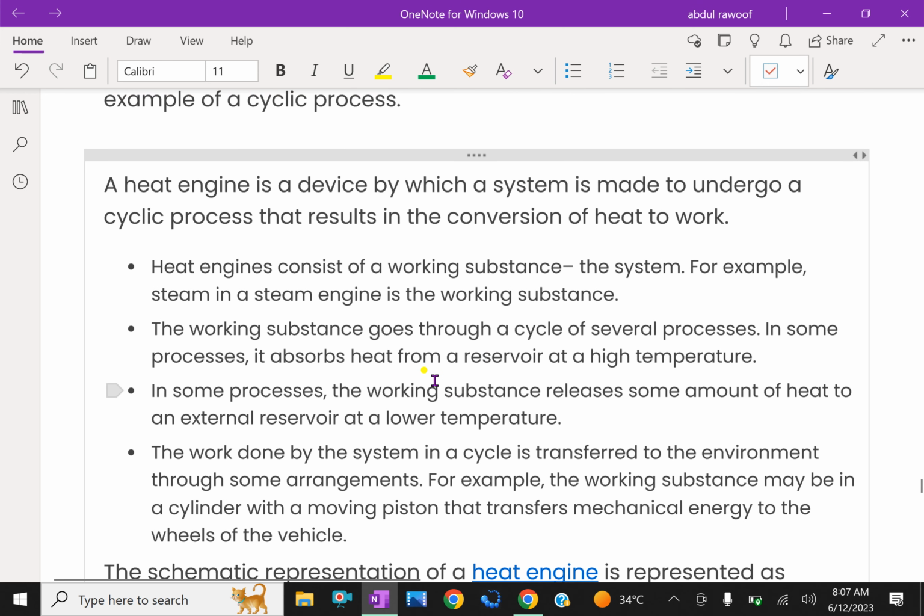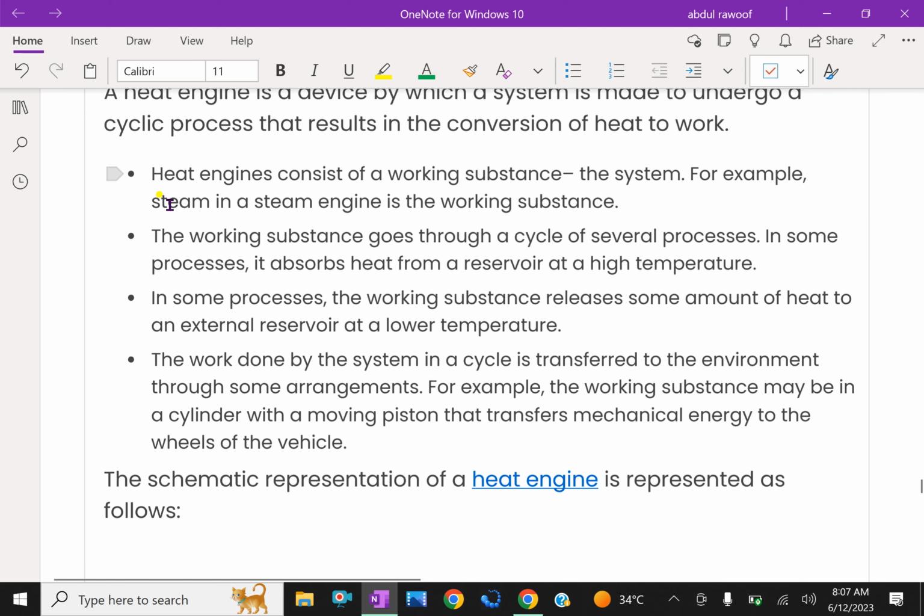Now we'll discuss heat engines. A heat engine is a device by which a system is made to undergo a cyclic process that results in the conversion of heat to work. Some notes here. Heat engines consist of a working substance, the system.